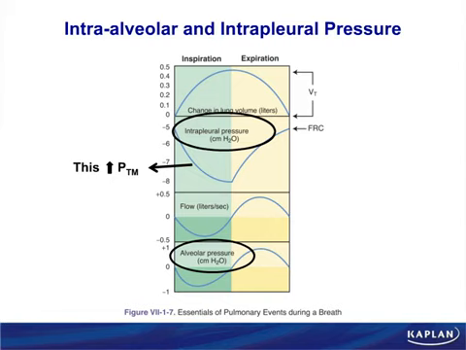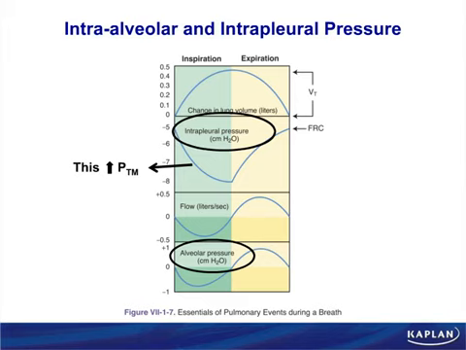Notice as we get to the very last part of that green, that represents the end of inspiration. Airflow returns back to 0 because alveolar pressure at end inspiration, as we indicated on a previous slide, is now 0, or in other words, atmospheric. Therefore, there is no flow. We now relax these muscles.